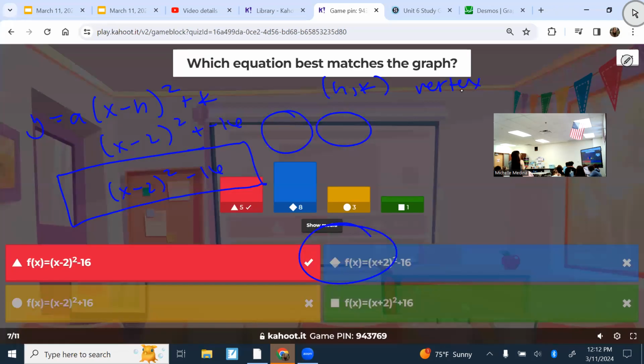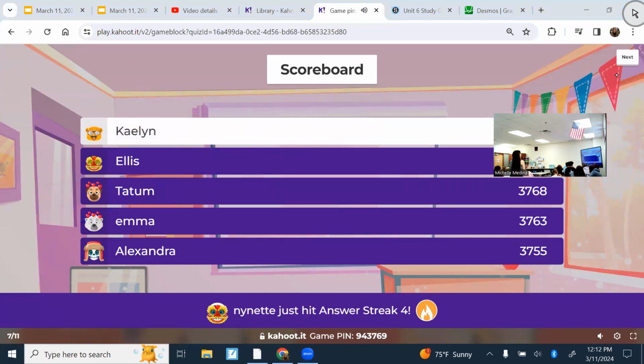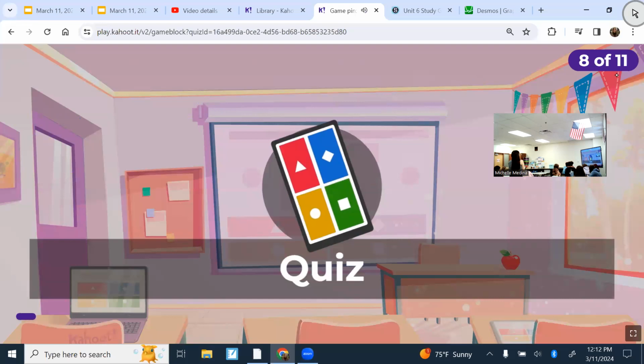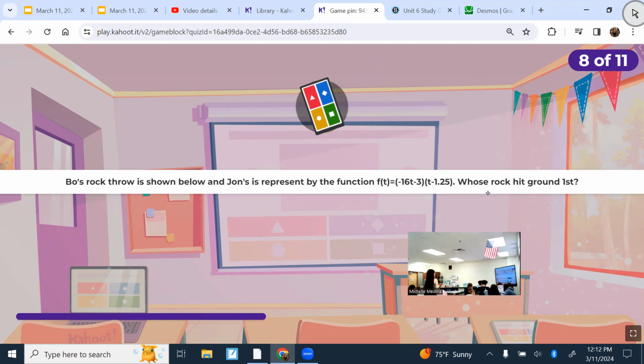And then might be our last one. Okay, Bo's rock throw is shown below and John's is represented by that equation. Whose rock hit the ground first?